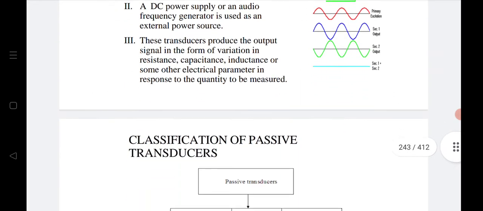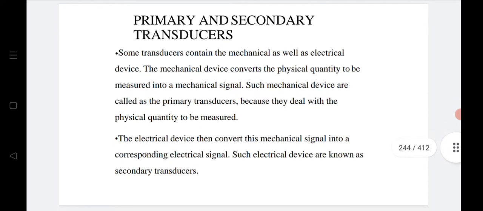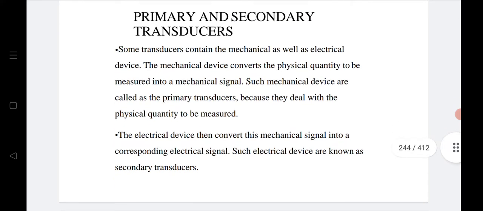What do you mean by primary transducer? As we have already studied in our previous class, we came across something called sensors and actuators. The same definition will hold for the primary and the secondary transducer.